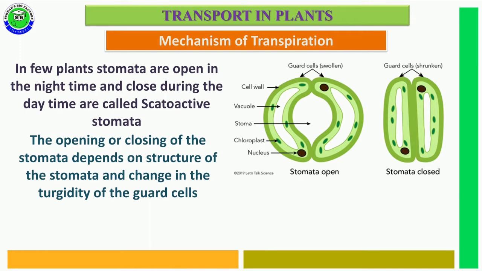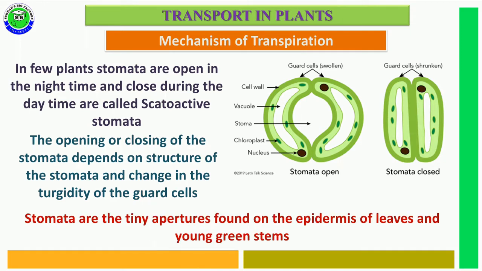The opening or closing of stomata completely depends on the structure of stomata and the change in turgidity of guard cells. Stomata are thin apparatus found in the epidermis of leaf and young stem.